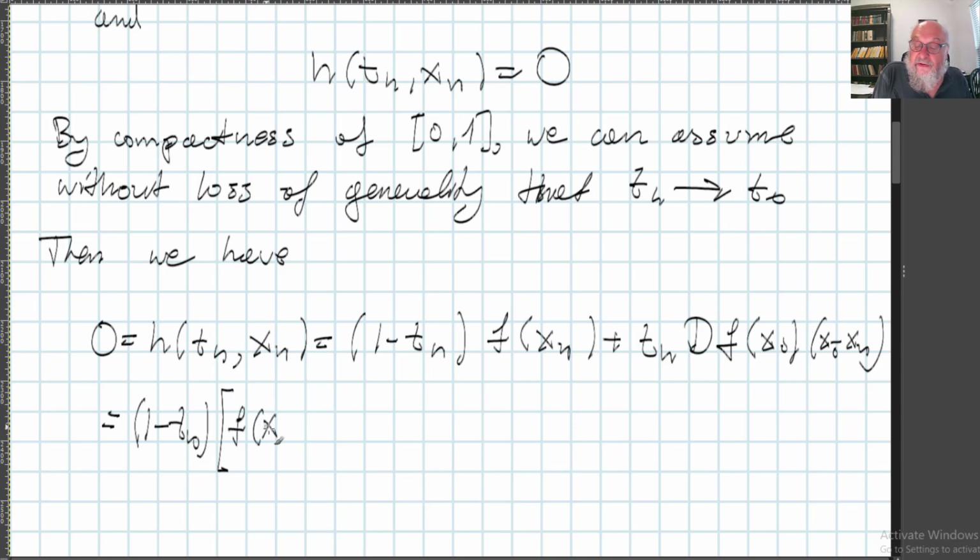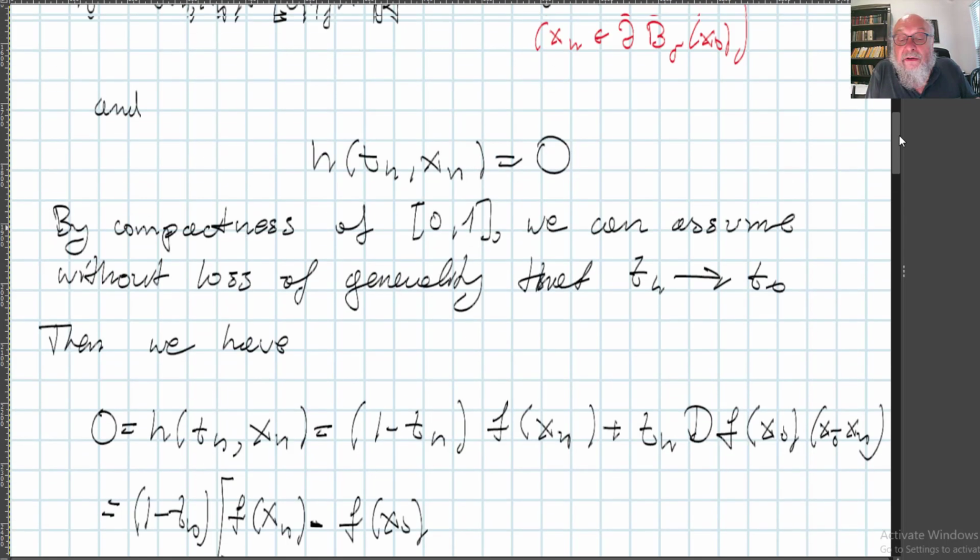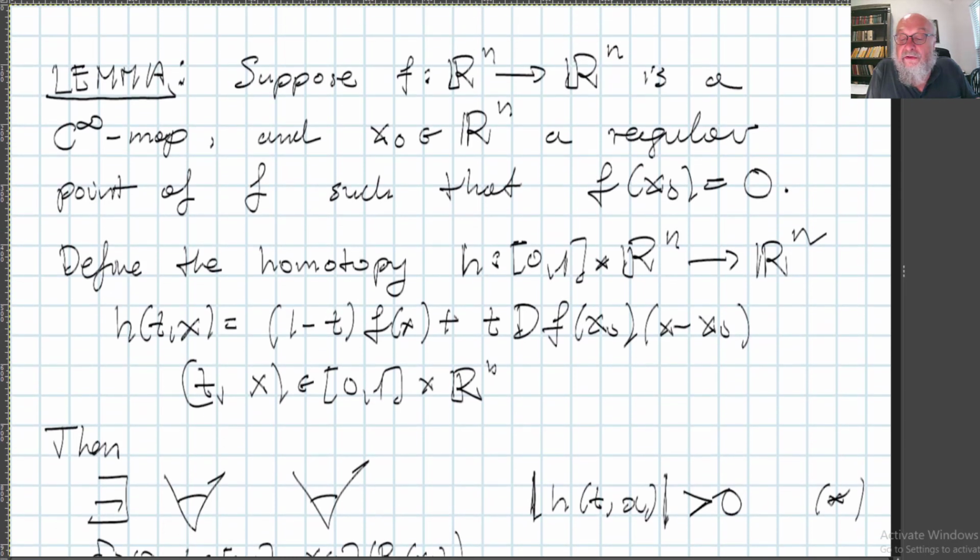And now we have here something which can be written like f of x naught. F of x naught is 0, yes. So we have that one. You see, we have that one. So I can use it here.